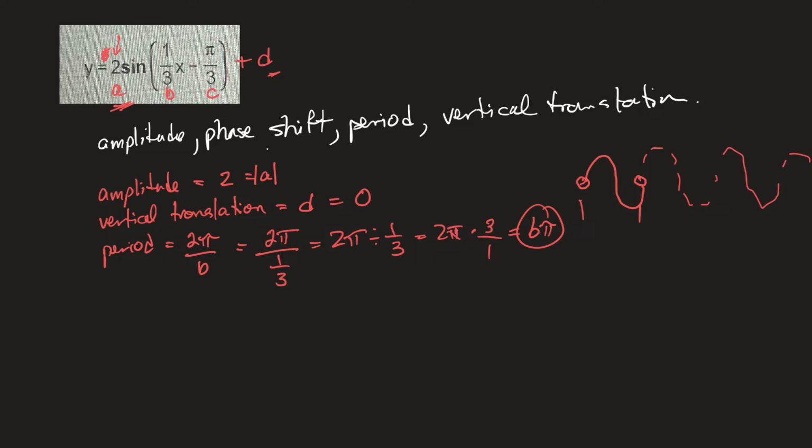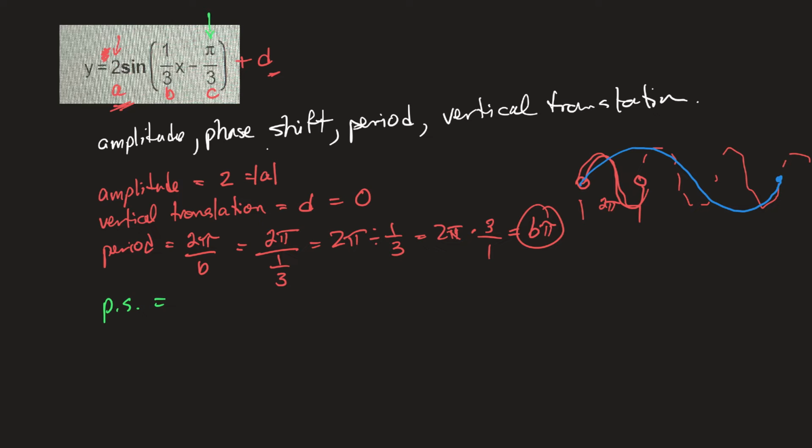In other words, if a normal graph looked like this red one, that usually is 2 pi. So this graph would take a lot longer to do one period. Because that's your period. The next one is your phase shift. So phase shift is moving the graph left or to the right.